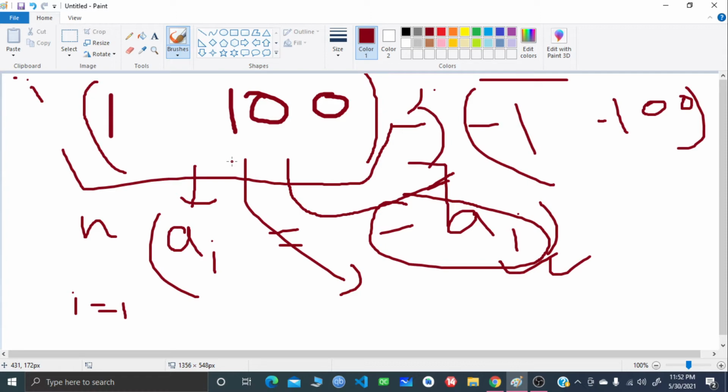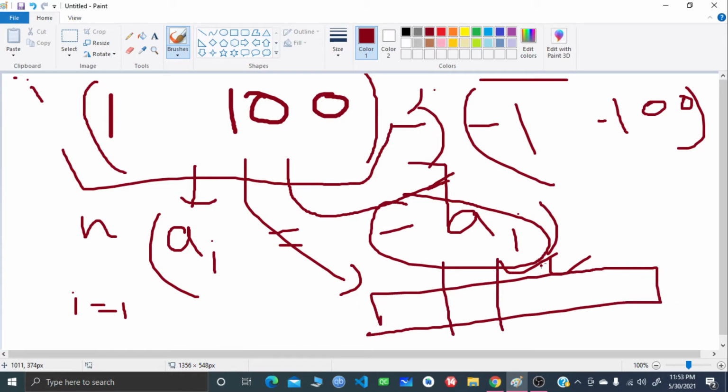So by doing that, as n is even, I need to worry about n by 2 pairs of indices. Why is that? Because for each operation, I'm actually dealing with 2 indices. Let's say my array goes something like 1 2 3 4 5 6, 6 values.